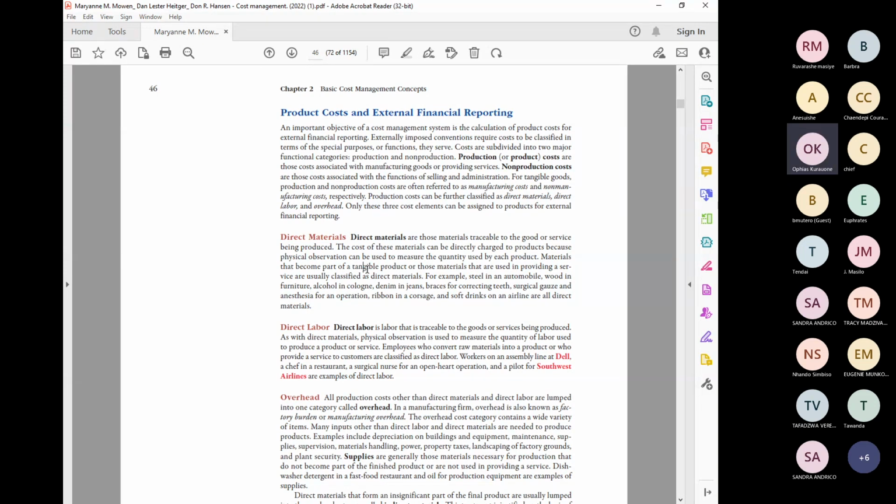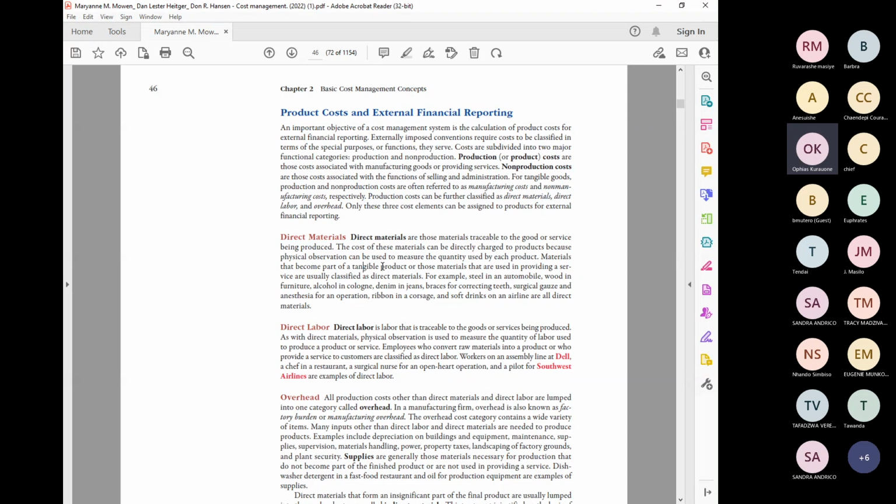So if the question says the direct material is expected to increase by 10%, you need to be mathematically minded. For example, steel in automobiles, wood in furniture, fabric in clothing, denim in jeans, braces for correcting teeth, surgical gas for surgery, ribbon in postage, soft drinks on an airline are all direct material expenses.